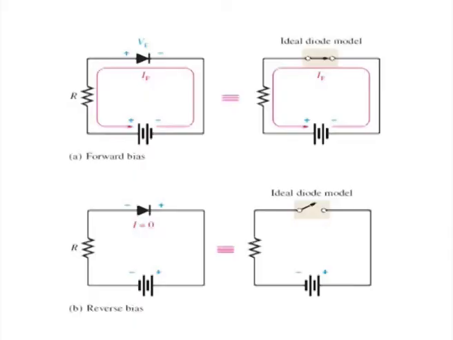Diode approximations. The ideal model of a diode is the least accurate approximation and can be represented by a simple switch. When the diode is forward biased, it ideally acts like a closed switch, and when the diode is reverse biased, it ideally acts like an open switch as shown.